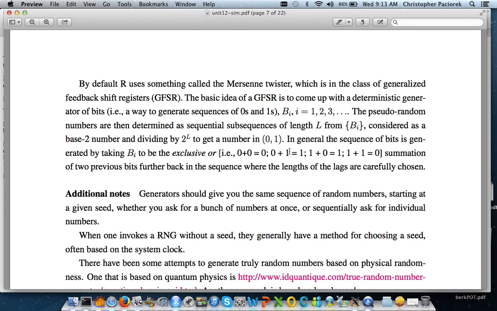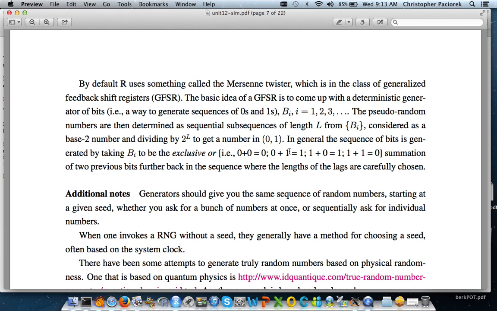The developers of the algorithm carefully chose which of these two to combine to get this one. And then this next one is going to be based on two previous ones in the series as well. So that generates our deterministic sequence of zeros and ones, but in such a fashion that they behave as if they're a random sequence of bits.